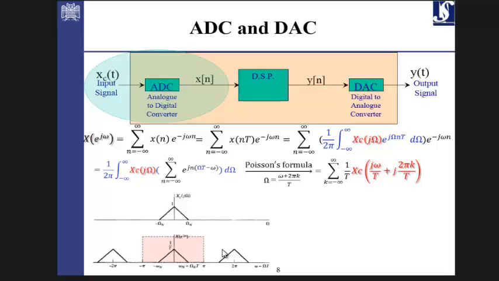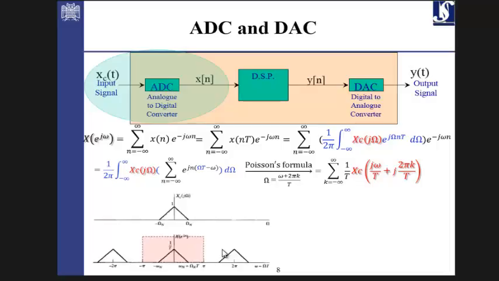Now the point is that the signal that you have in the discrete domain has the frequency of this small omega. And we know that the highest and lowest frequencies are from 0 to pi, and symmetrically from minus pi to 0.